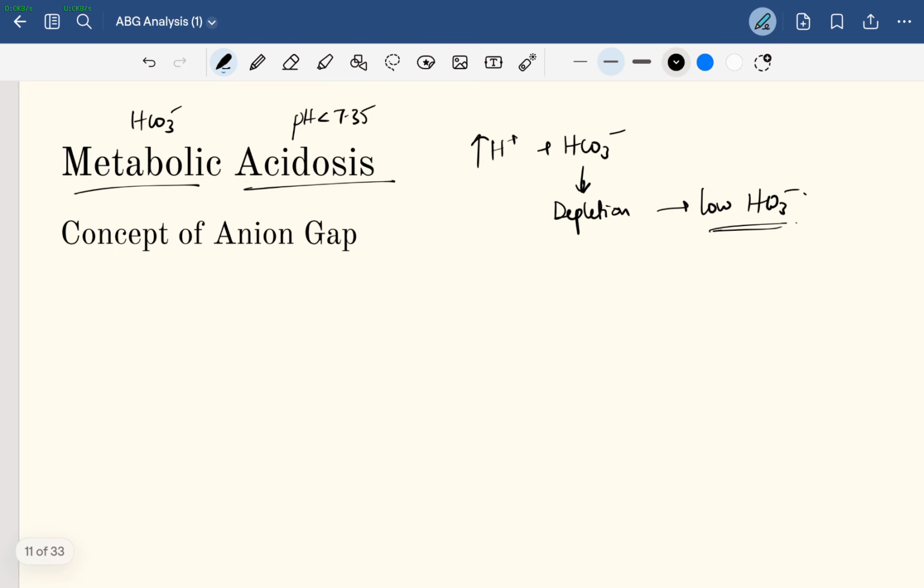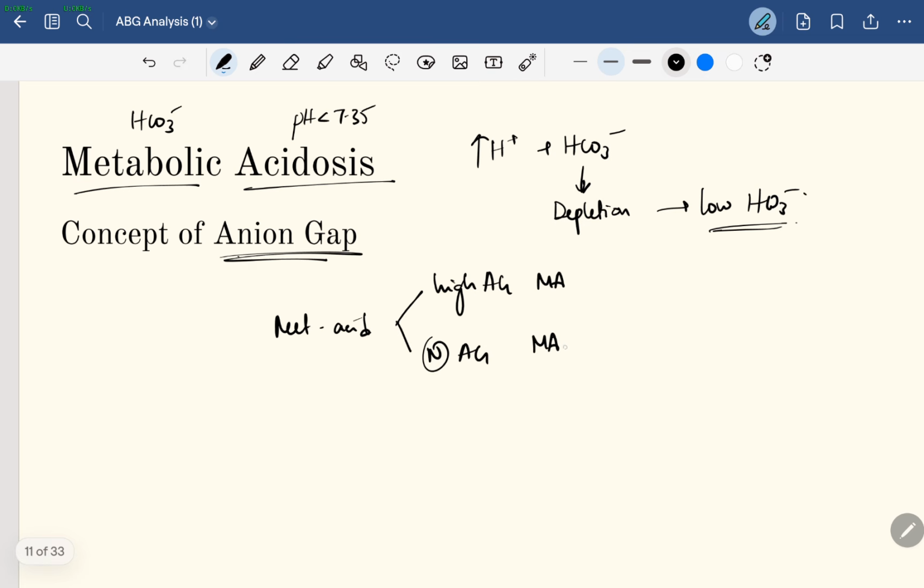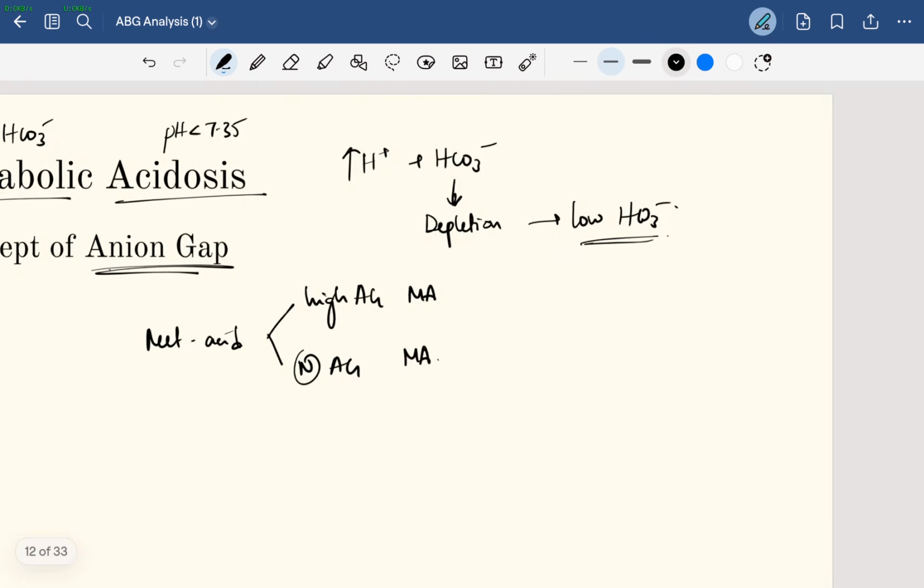Now, coming to metabolic acidosis, it's further classified into two types based on something called an anion gap. So, met acidosis is classified into either high anion gap or normal anion gap metabolic acidosis. Now, what is anion gap referring to?